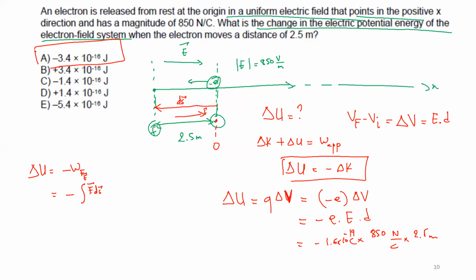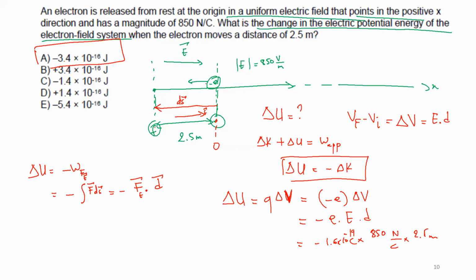But the electric field is constant, so the force is constant. So I can just say minus F, which is the work of the electric force, multiplied by the displacement. Now, what's the displacement?